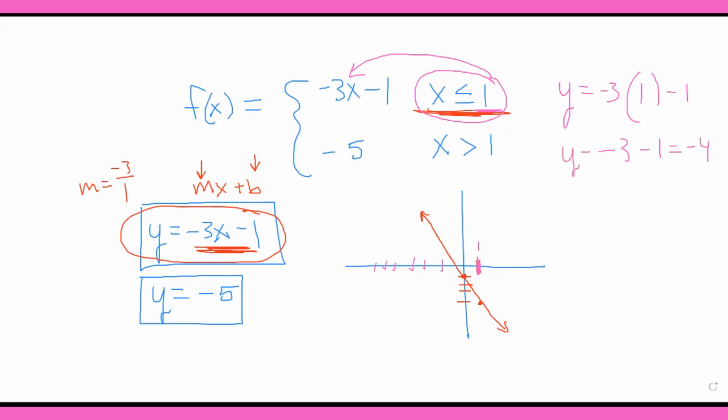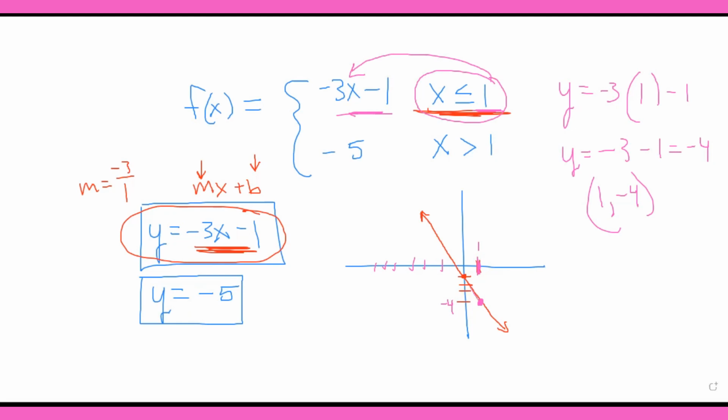So when x is positive 1, y equals negative 4, for just this top equation. And since x can be equal to 1, we are going to exist at that point. Thankfully I've graphed correctly, because I'm down here at negative 4. So I can either plug in the point or just look at the graph, as long as I do my slope correctly.